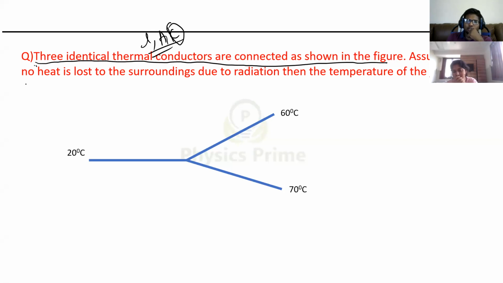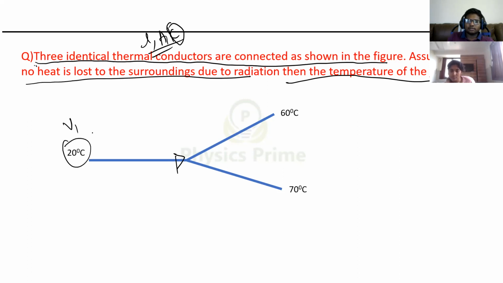Assuming no heat is lost to the surroundings due to radiation, that means in steady state, no heat is lost outside, no heat is absorbed. Whatever heat comes, that heat has to flow through it, okay? Then the temperature of the junction. In current electricity, you might have seen, whatever the current, suppose this is some potential V1, V2, V3.